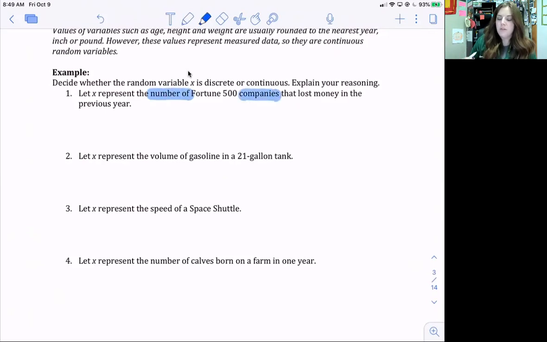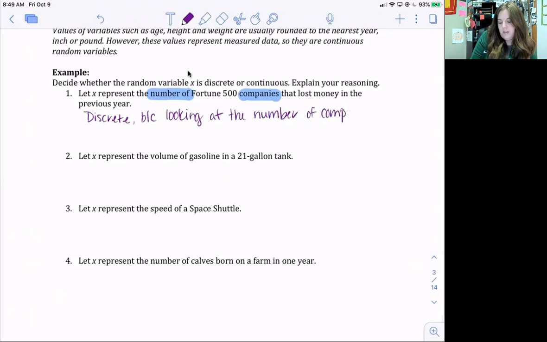So if we're talking about the number of companies, that's discrete. And I think the easiest way to think about this is, can you have half of a company? No.